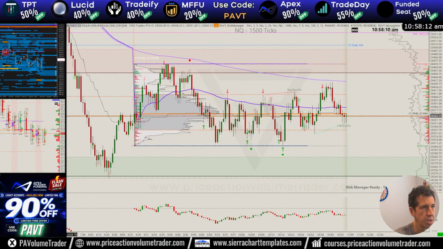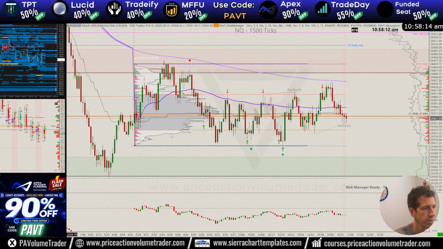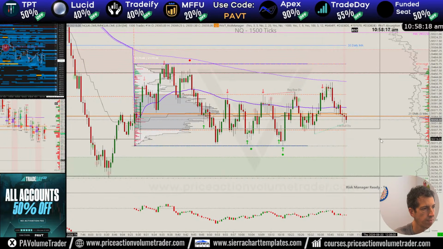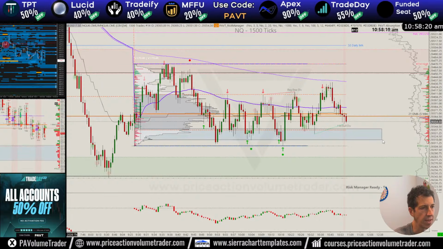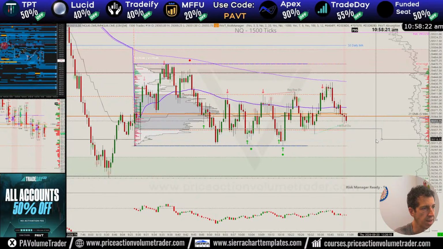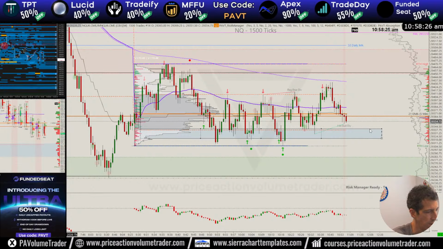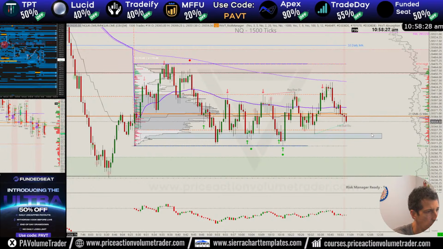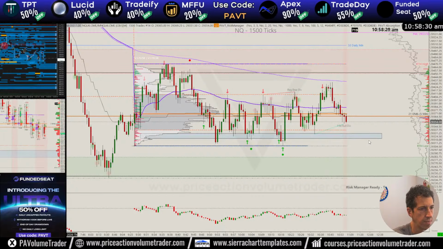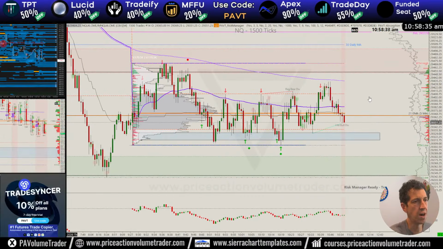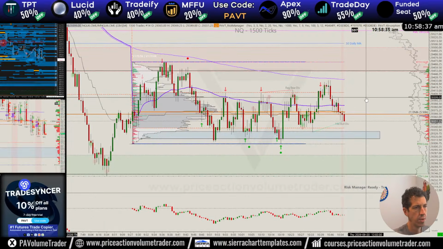So today, fading off the extremes seems to be the play of the day. This is our main low volume node support right now. No, not there. Down there. This is our main low volume node support right now.